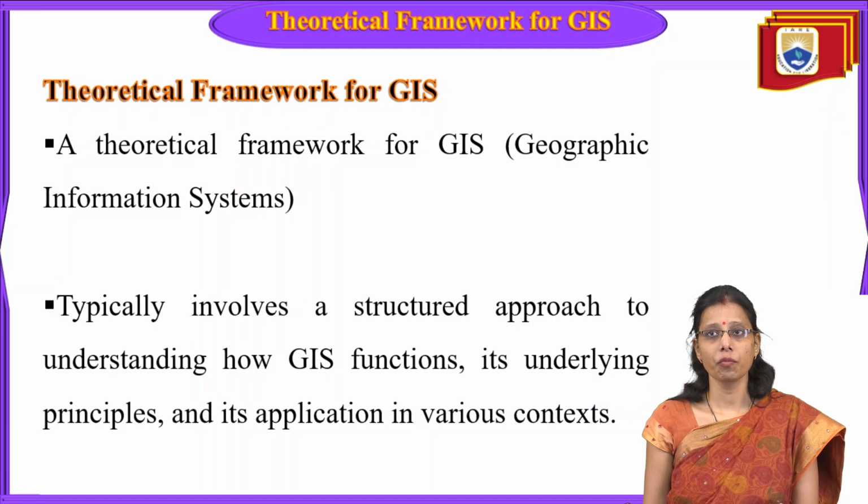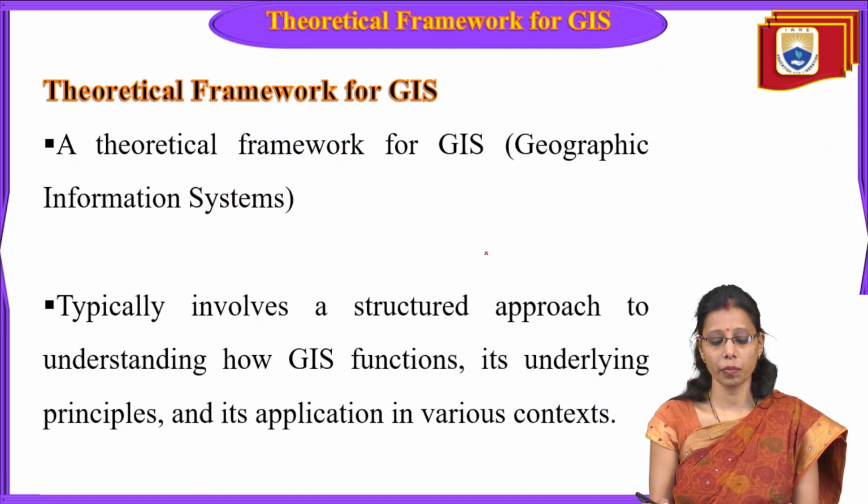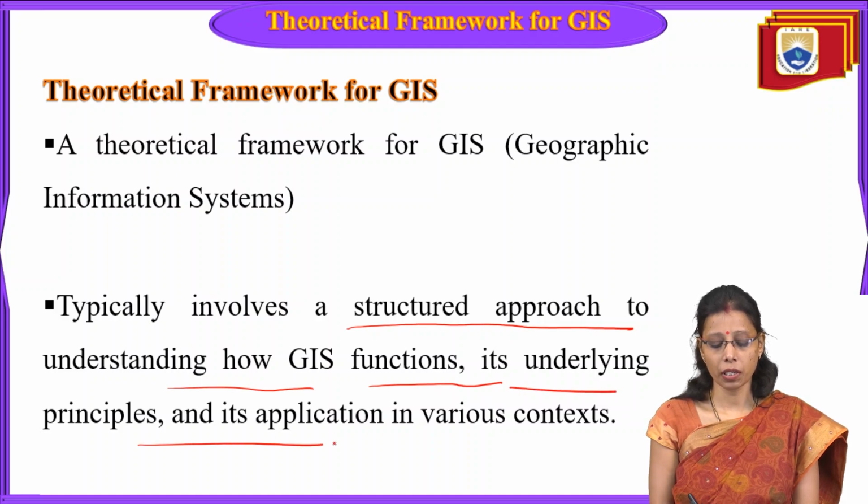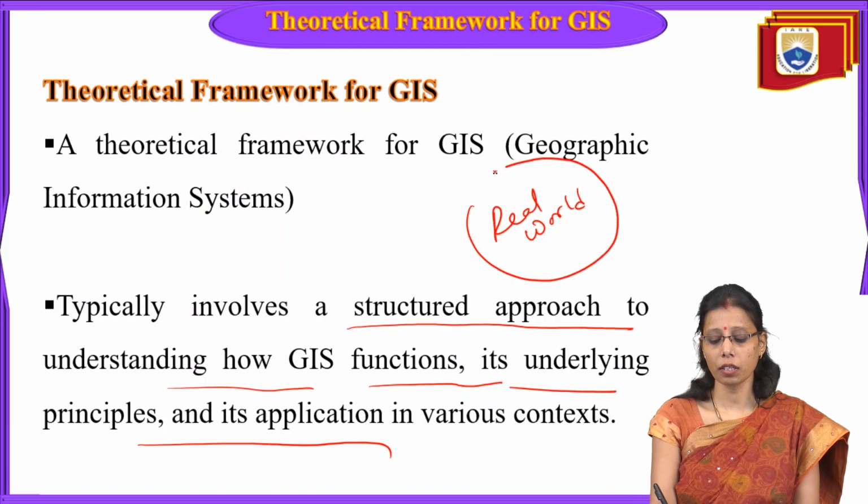A theoretical framework for GIS, Geographic Information System, typically involves a structured approach to understanding how GIS functions, its underlying principles, its applications and its various components. So how it functions, that means starting from the real world. Suppose this is our real world.